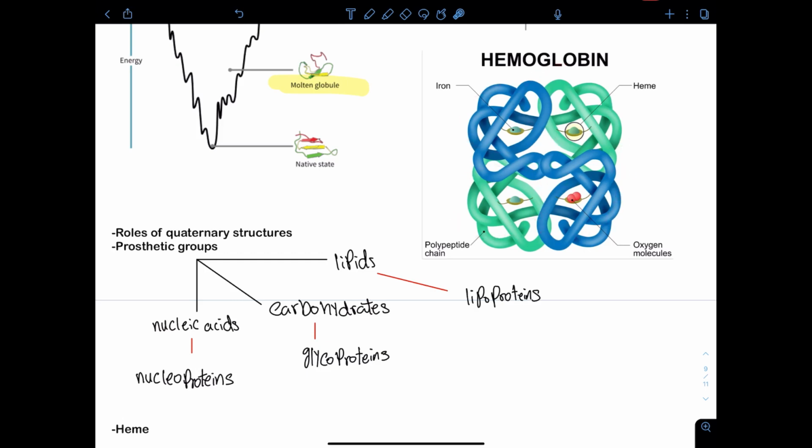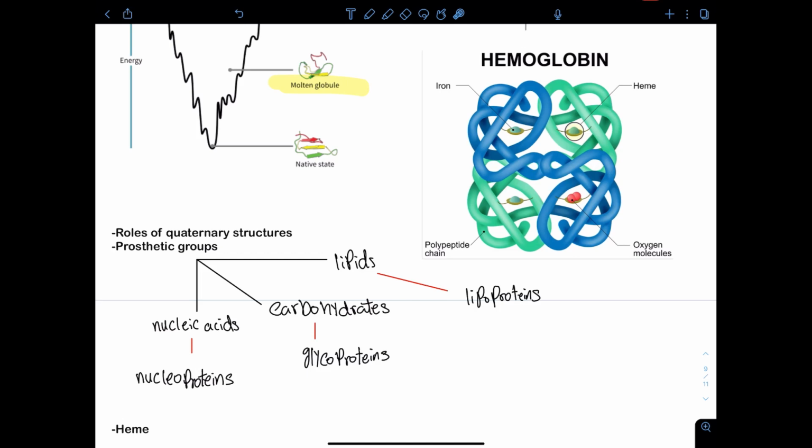Each of the 4 subunits has a prosthetic group called heme. In the core of heme, there is an iron molecule, which, as we all know, carries oxygen. So basically, one hemoglobin molecule can carry 4 oxygen molecules.